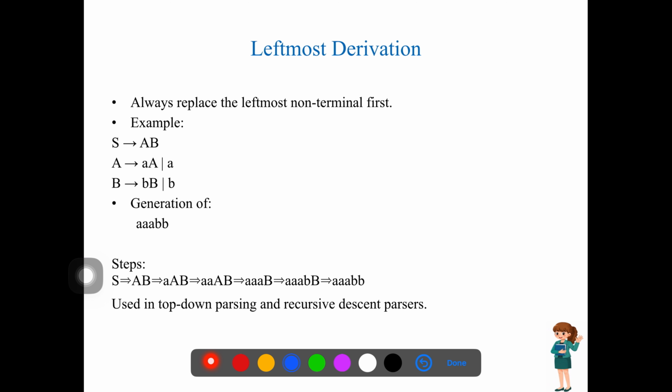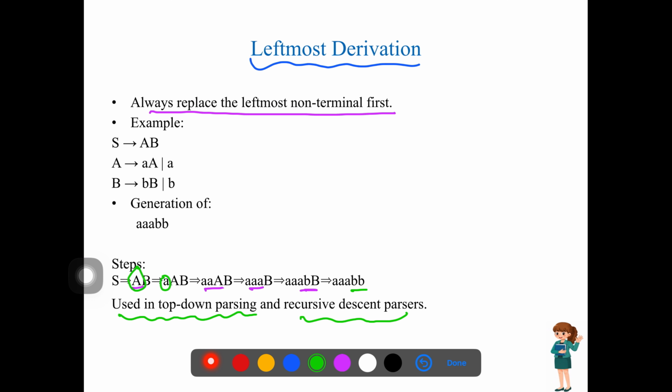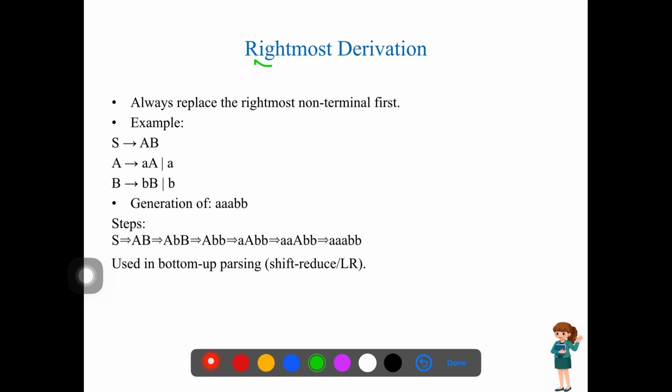Then B can be replaced by BB. Again, B can be replaced by b. You can see the leftmost non-terminal is replaced first in the leftmost derivation. I hope you guys understood. This is basically used in the top-down parsing and recursive parsers. Let us move to the next slide.